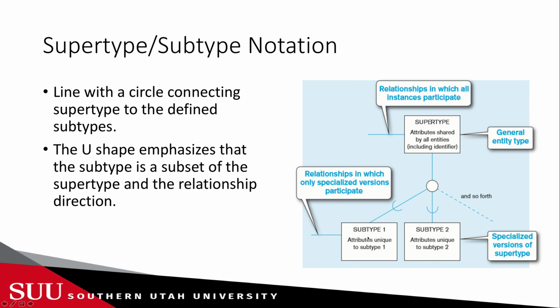A teacher is going to teach courses. So these are going to be specialized relationships. When I have a relationship at the subtype level, it's going to be specific to that subtype. And if I have a relationship at the supertype level, it is going to be shared among all of those subtypes.